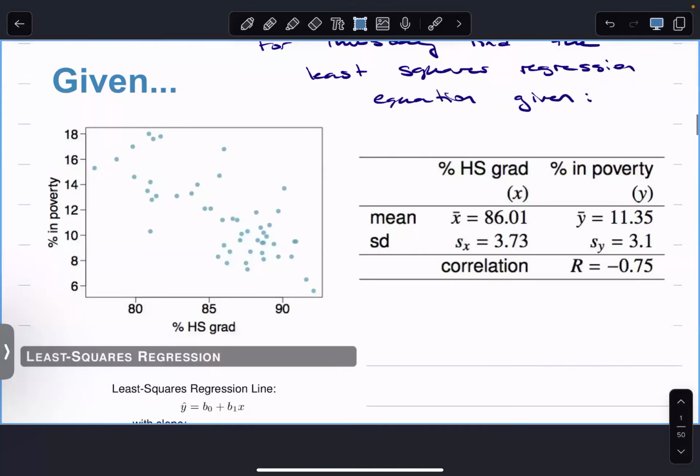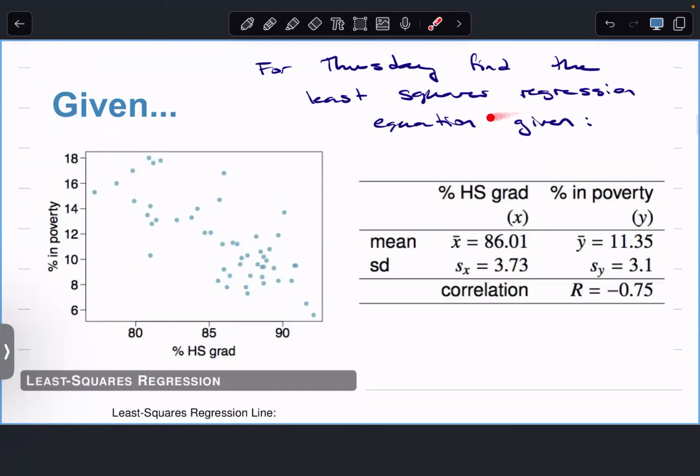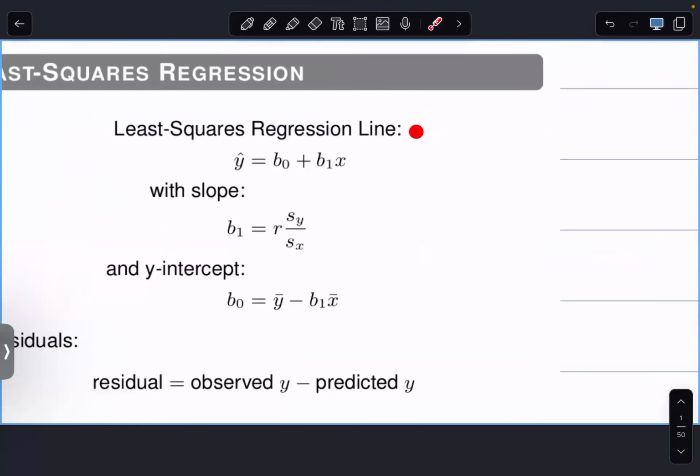So what we wanted to do, and what you will have to do on the final exam, is calculate the slope, calculate the intercept, and build the least squares regression equation or line. From your formula sheet, the least squares regression line is this, right?